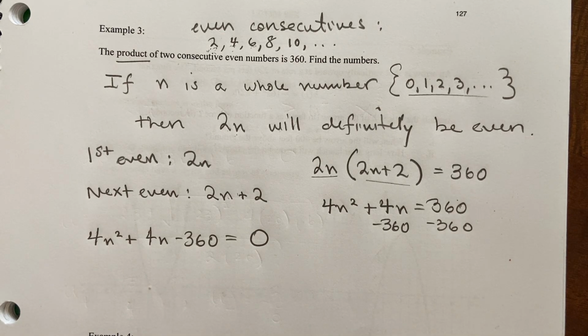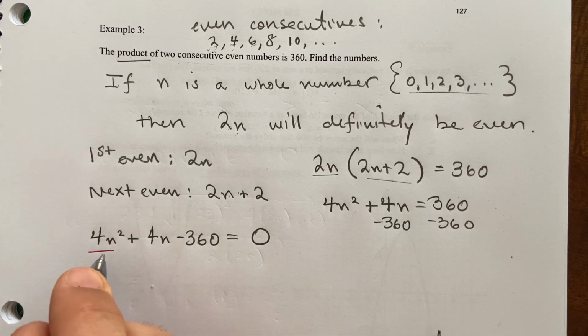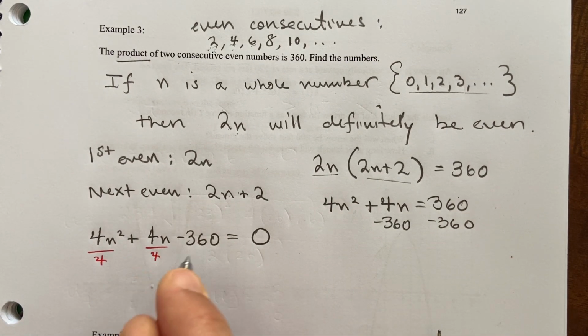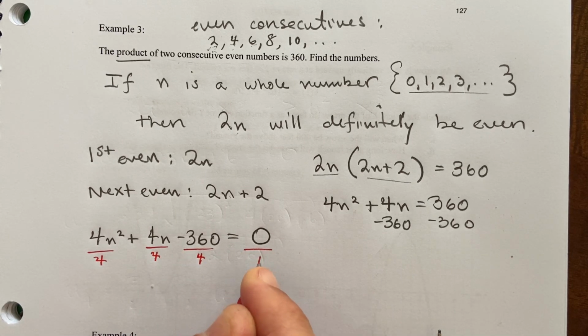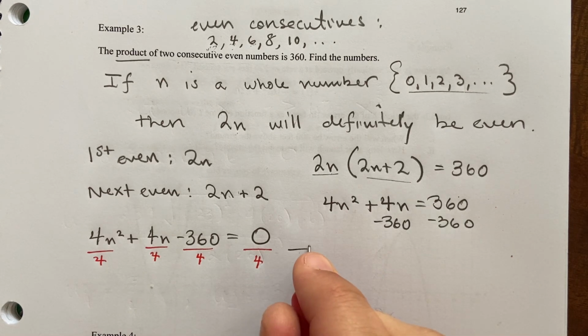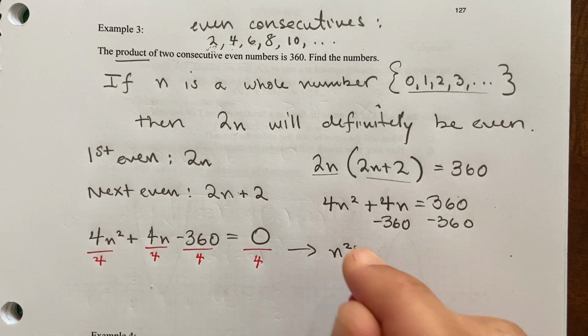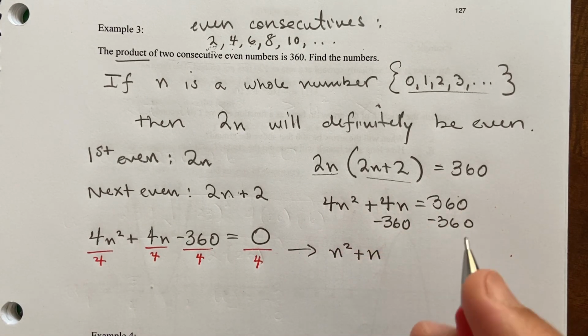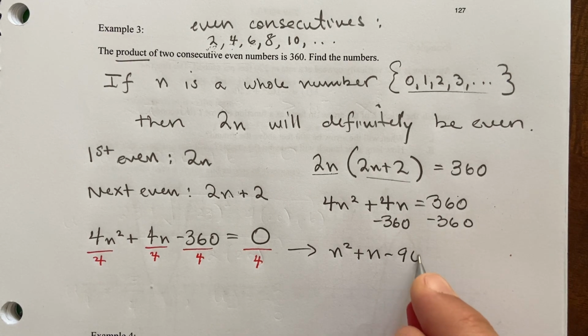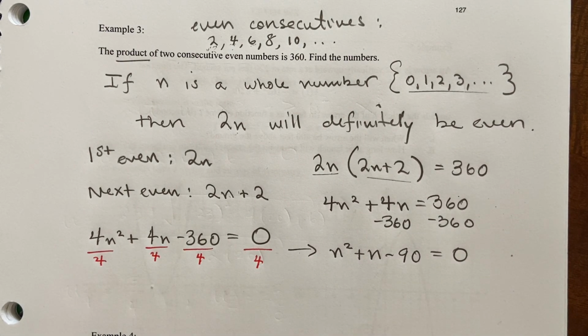It looks like I can divide out a 4, which will make things a little bit more manageable. So n squared plus n minus 90 equals 0. And now I can solve for n.